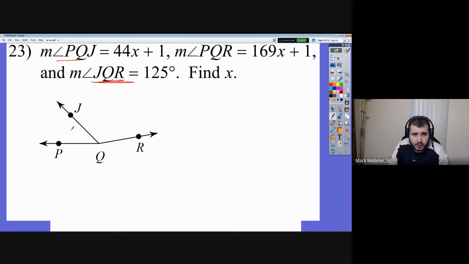Identify your parts while you're here, so you know what goes where. We got 44x plus 1. That's one part. The other part is JQR, which is 125. And those two add up to PQR, which is the big one here.